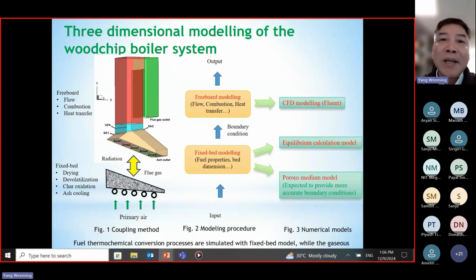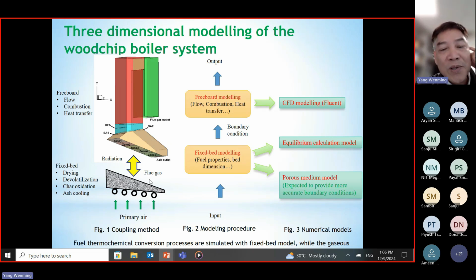Okay, in order to further investigate the major factors affecting the performance of the boiler system, we have also conducted three-dimensional modeling. Here we show you how we create the model. Basically, this model consists of two parts.